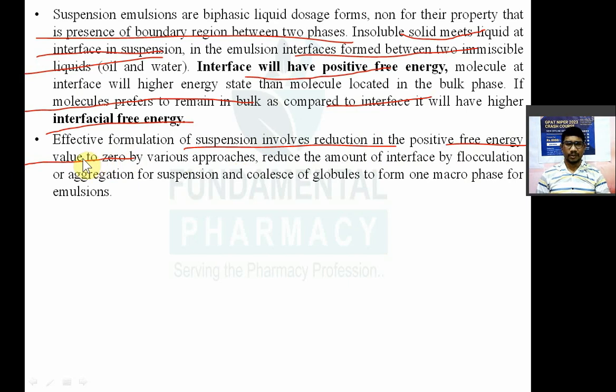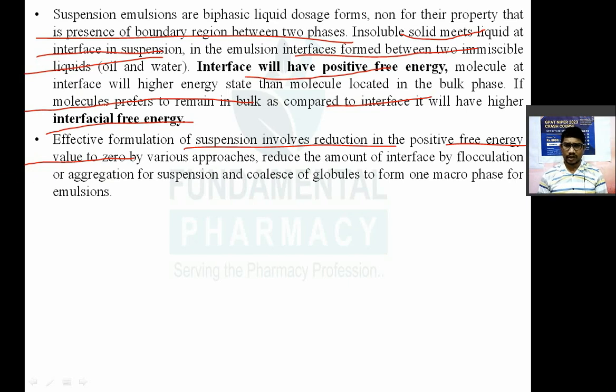You have to stabilize it for a longer period of time so that it can withstand the shelf life. So effective formulation of suspension involves the reduction of free positive energy by various means.